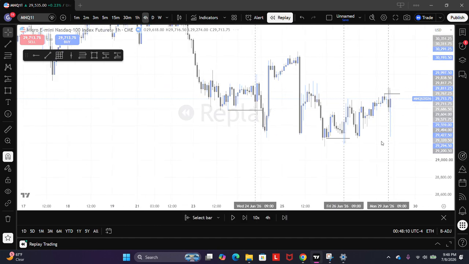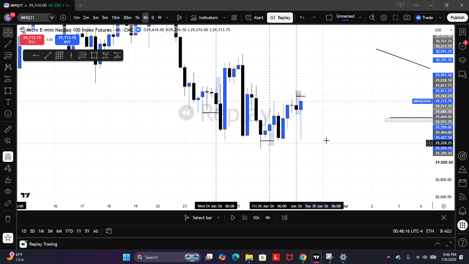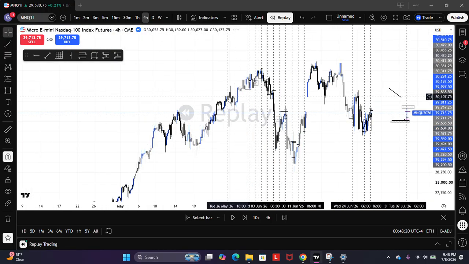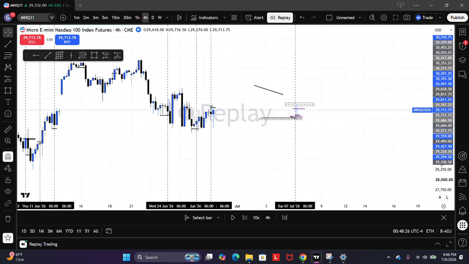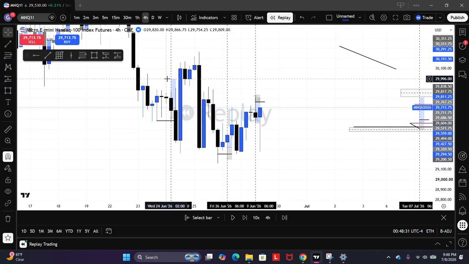Okay, on the 4 hour, if you just ignore these two candles right here, we don't really have a huge bias. Overall, we're just kind of going sideways. We have broken structure and we're kind of going down on the bigger time frame. But right now, in the past couple of days, we're in a box, pretty much. There's no clear break of structure anywhere on the 4 hour.